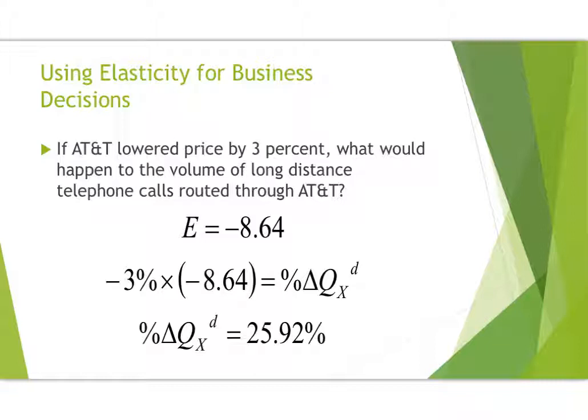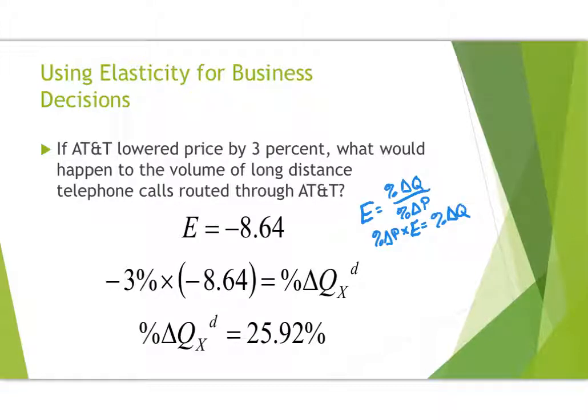So let me show you, to make sure we're all comfortable with what we're doing here. Our formula from the last video is elasticity is percentage change in quantity divided by percentage change in price. Now I can multiply percentage change in price times elasticity equals percentage change in quantity.